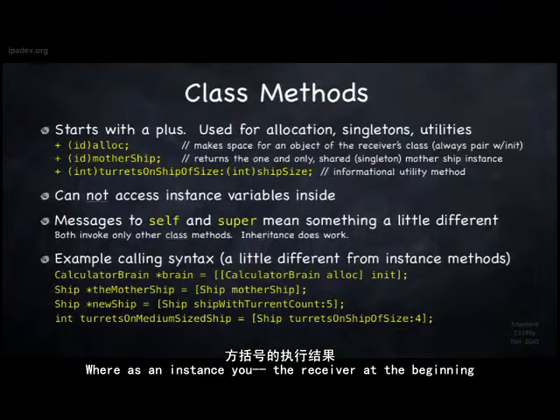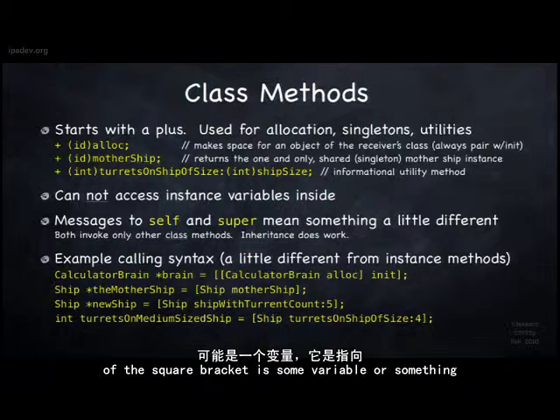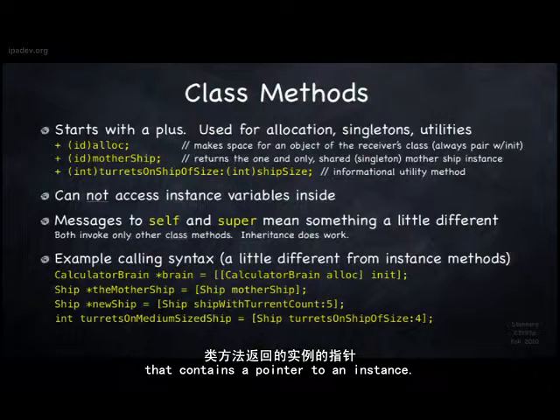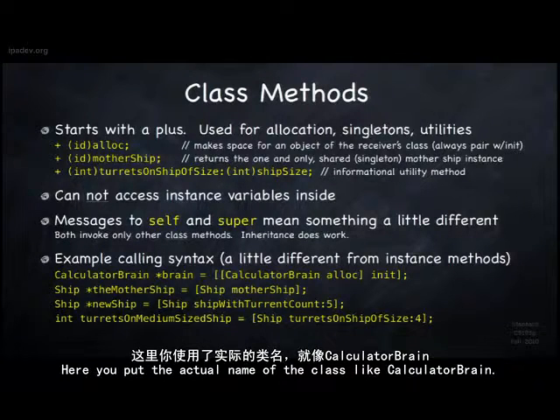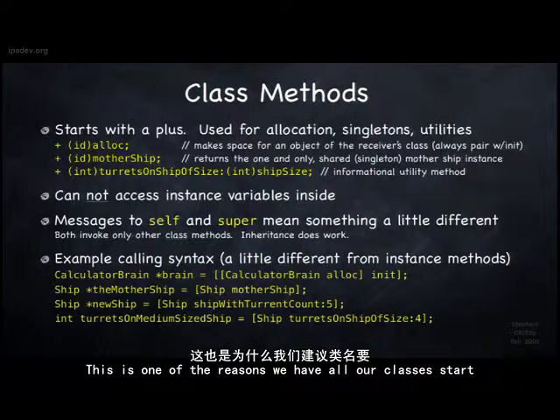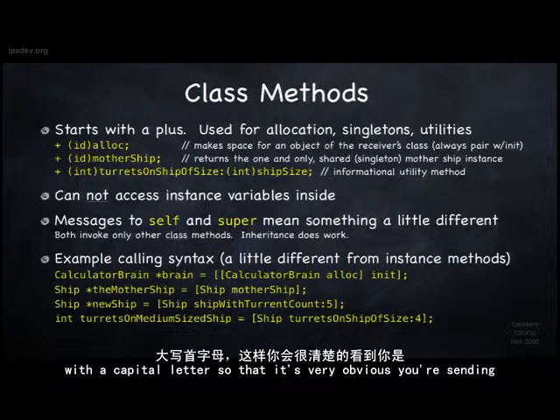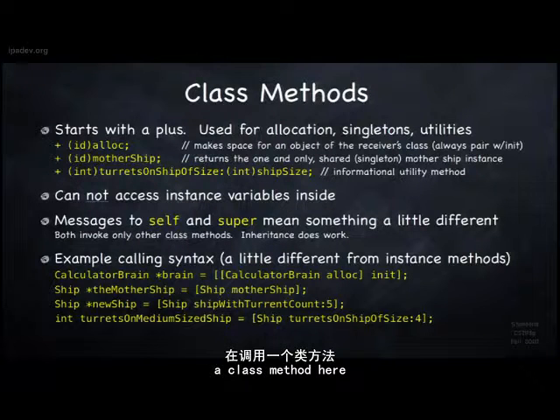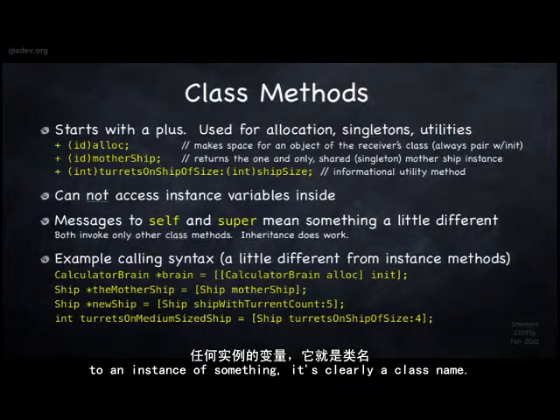Whereas with an instance, the receiver at the beginning of the square bracket is some variable that contains a pointer to an instance. Here you put the actual name of the class, like CalculatorBrain. This is one of the reasons we have all our classes start with a capital letter, so that it's very obvious you're sending a class method here. CalculatorBrain isn't some variable that points to an instance of something, it's clearly a class name.